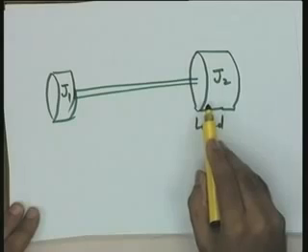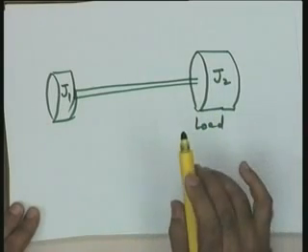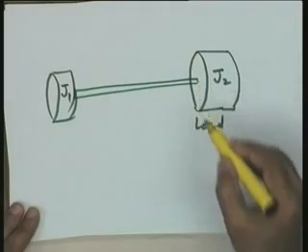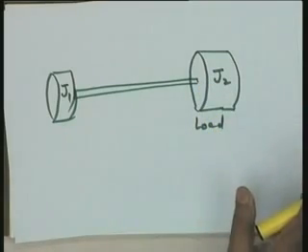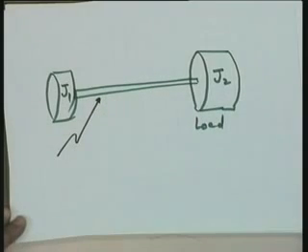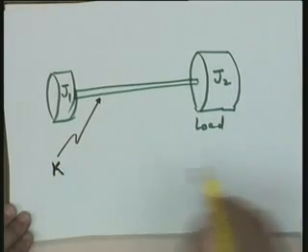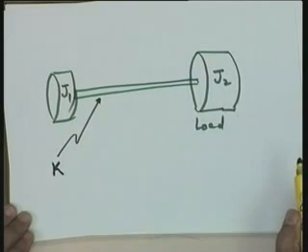Now, I consider that it is a high power servo, and under this condition this shaft is a long shaft, and the flexibility of the shaft, the torsional effect of the shaft, cannot be neglected. So, I assume that the shaft can be twisted and K is the corresponding constant which models this behavior of the shaft.